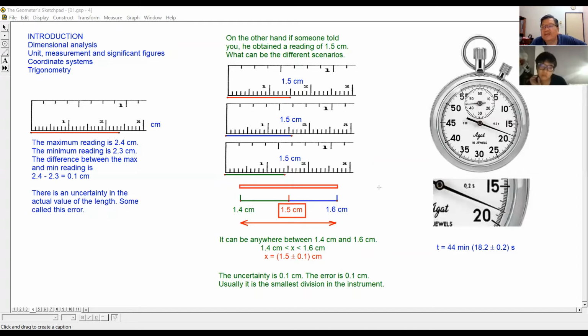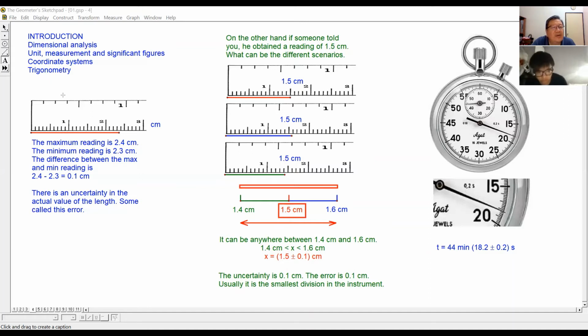Do you agree? Correct, so it can be anywhere around that. So now I try to predict the actual value. The actual value is between 1.4 and 1.6, written like that, using the inequality sign.